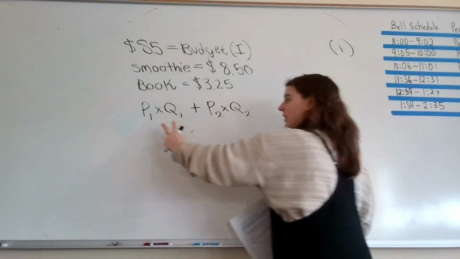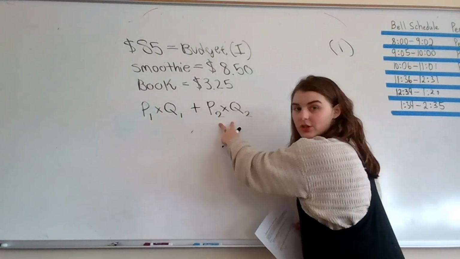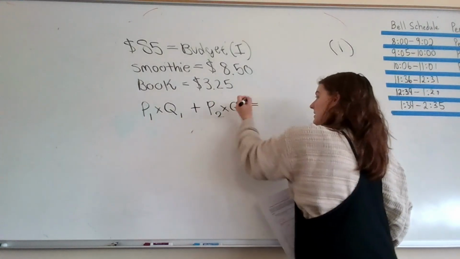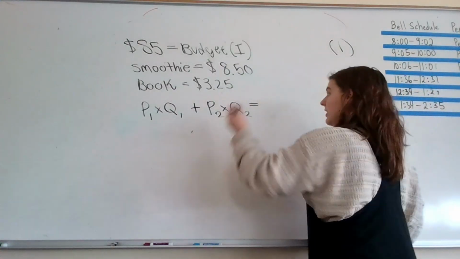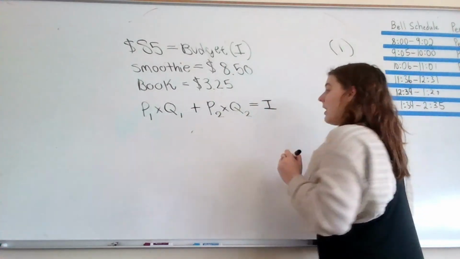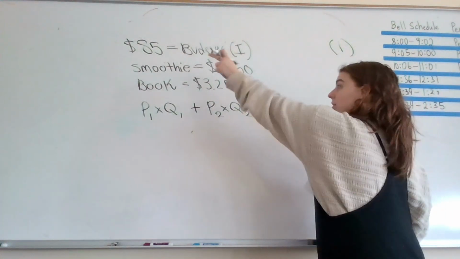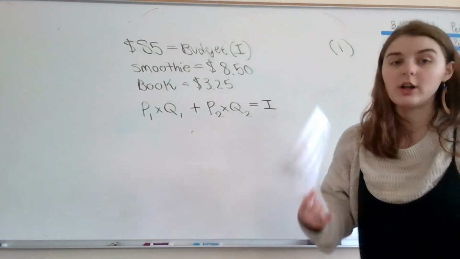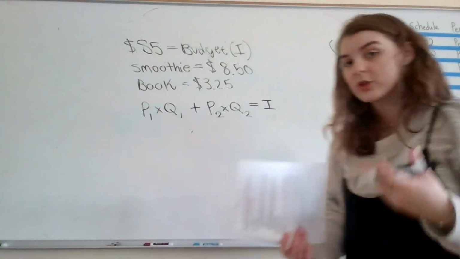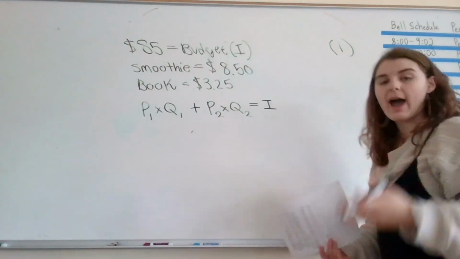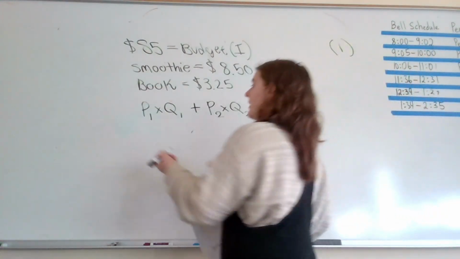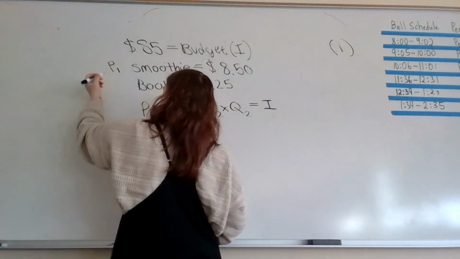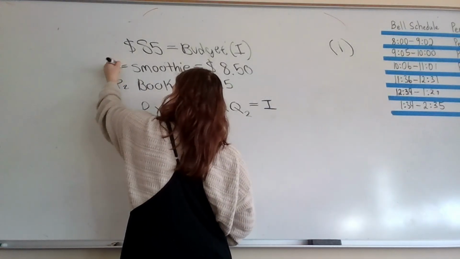And this is going to be equal to, sometimes it's written out as B for budget, sometimes it's I for your income, but that's equal to your budget. And your budget is your constraint, and that's why we call this a budget constraint. You can only spend as much money as you make or as much money you have in your budget. In this case, we're going to say that smoothies is our P1 and books are our P2.